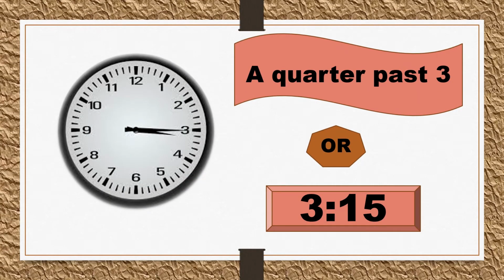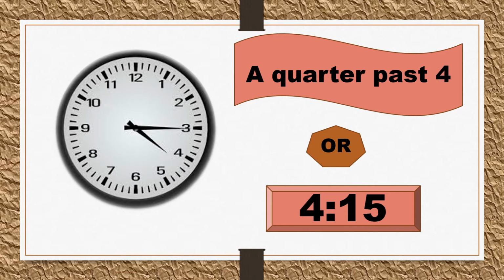Now, observe the clock and tell me what is the time? In this clock, the minute hand is pointing at the number 3 and the hour hand is a little after 3. We say that the time is 15 minutes past 3 or a quarter past 3. We write it as a quarter past 3 or as 3:15.